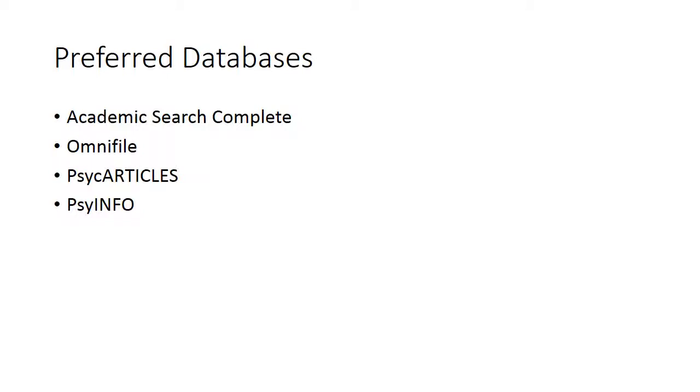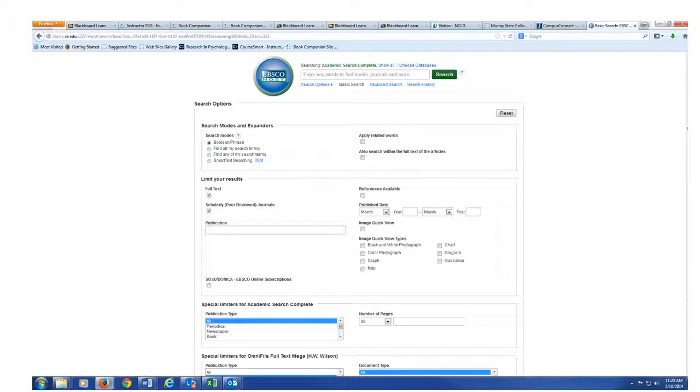Another list of the preferred databases for psychology students. It will bring you to a page that looks something like this. At this page, because you only want scholarly journal articles, we don't want magazine articles, we don't want books to do a journal article review over for sure, we don't want newspapers.